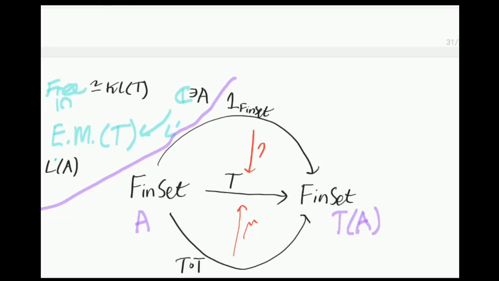This is the subcategory we get by taking all of the objects of the Eilenberg-Moore category of T which are images of some object in C under L', and taking all the arrows between such objects. So that's our category Free, the category of free algebras from this monad T.